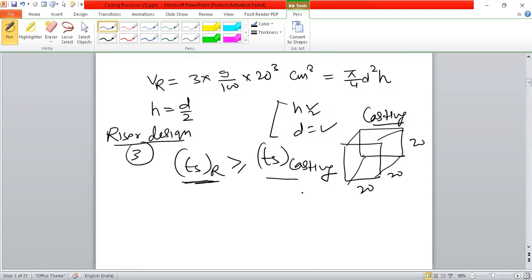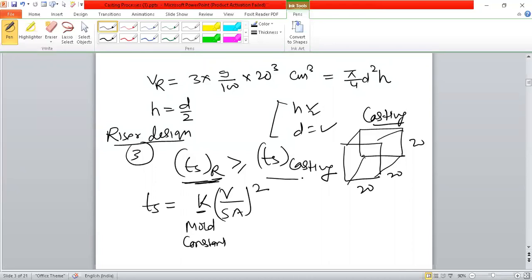So you can calculate, and that solidification time, you know the formula: K is equal to volume by surface area whole square. We know the mold constant, and this is the same for riser and casting, because both are in the same mold.